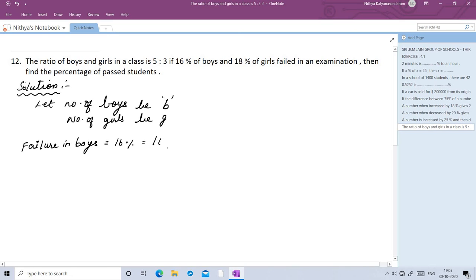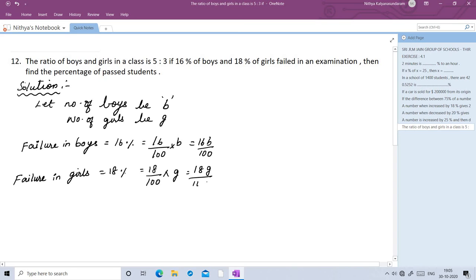That means 16 by 100 into boys. So this belongs to boys. So 16B by 100. Then failure in girls is equal to 18%. 18 by 100 into G, it's equal to 18G by 100.